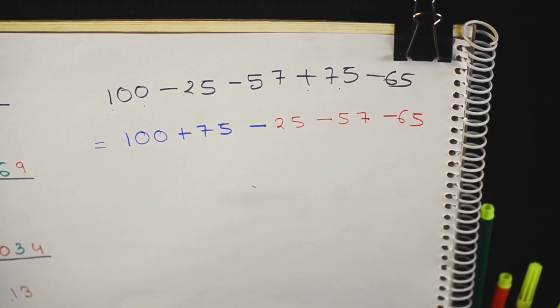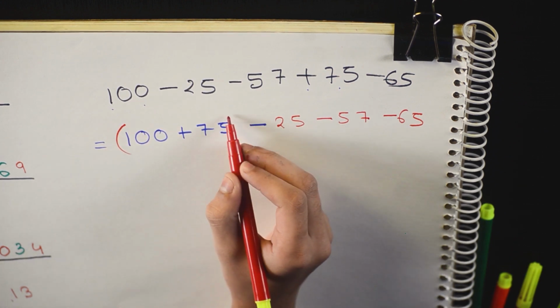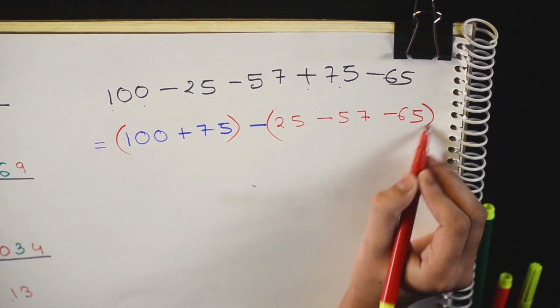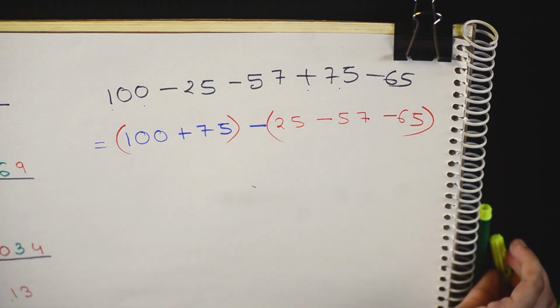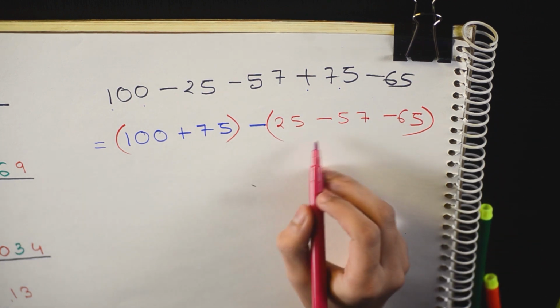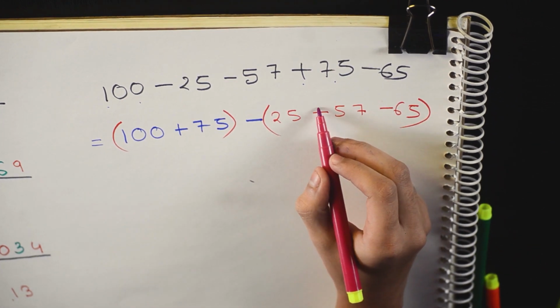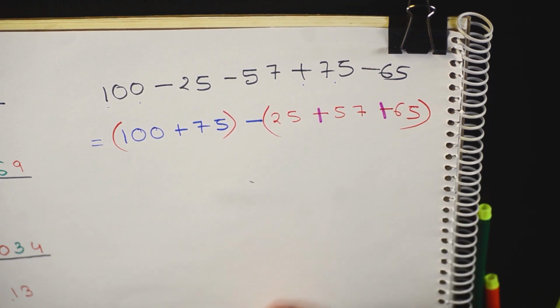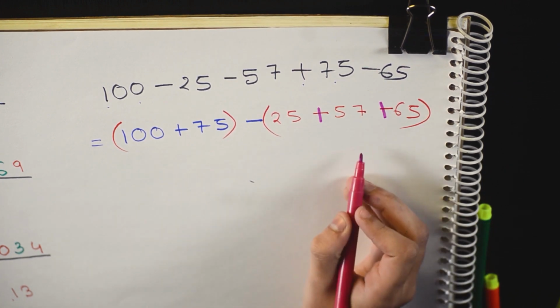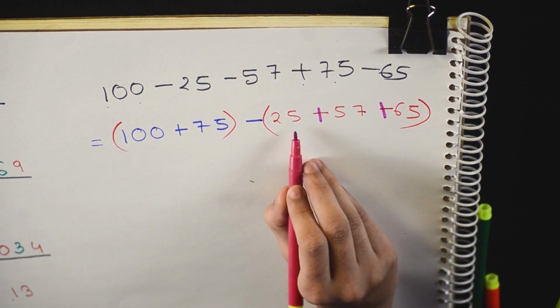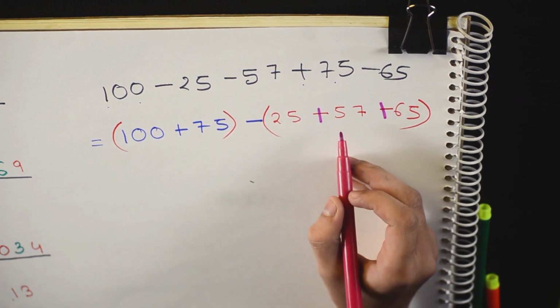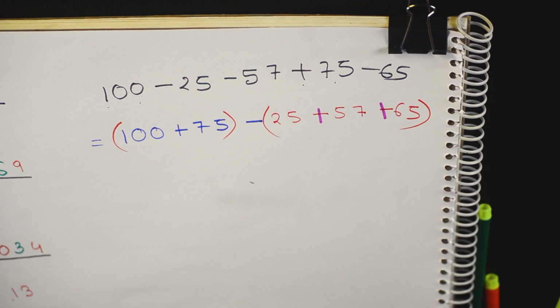Now what we are going to do is keep these in a bracket. Whenever you put this bracket, all these minuses are going to be plus. So this is the actual trick. Everyone will do minus, but you have to do plus in order to make the sum easier.